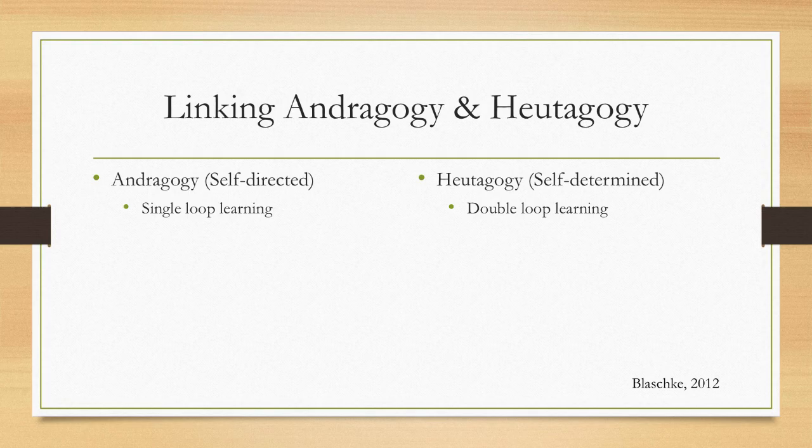Double loop learning focuses not only on learning the outcome and solving that particular problem, but on taking what you learned through the process of solving the problem and incorporating those activities as skill sets for approaching the next problem.